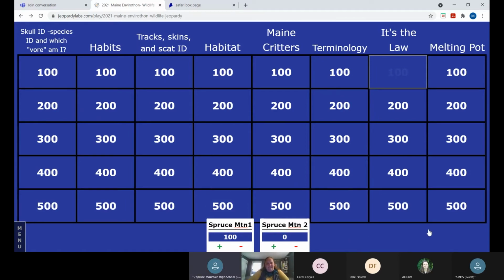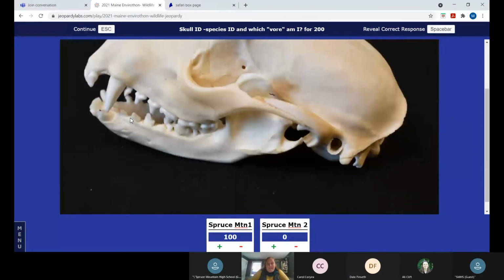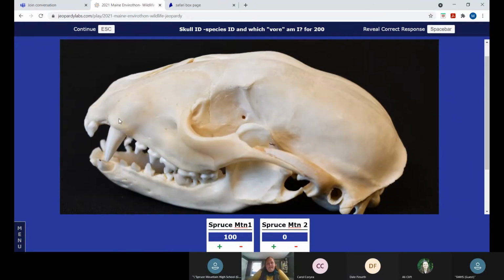Skull ID, species ID, and which vore am I, for 200? So there is your image of the skull. How big is that? Good question, because we don't have a measurement on that one. Pretty small. That looks like a fox from earlier. Is that my final answer?